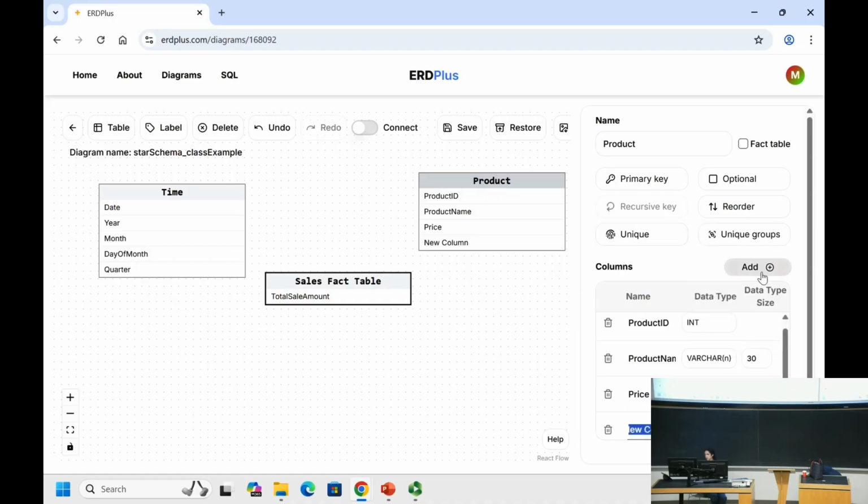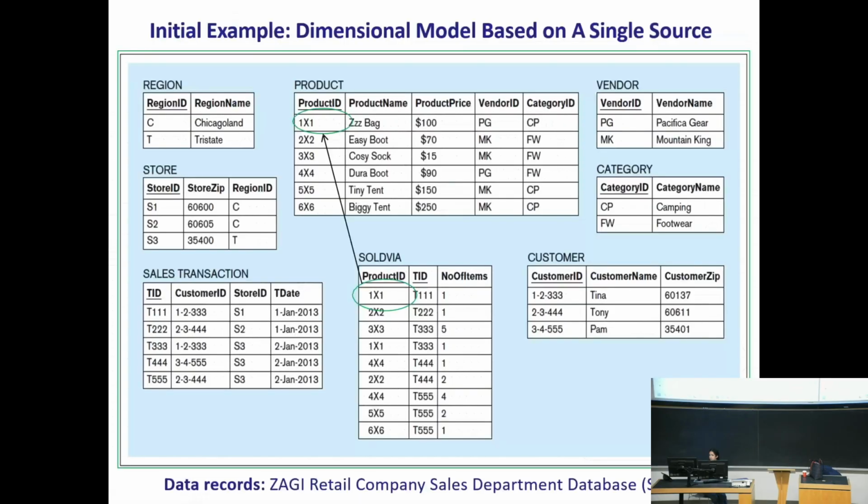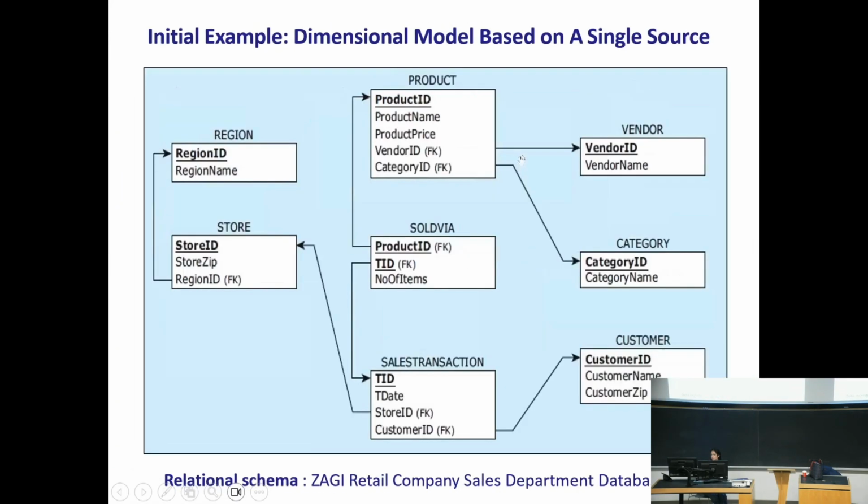And what else? I'm going back to the slide, so you tell me which information is relevant about the product. So we already have product ID, name, price, and instead of vendor ID and category ID, we may want to store vendor name and category name, right? Which are stored in the vendor and category tables, but that's no problem.